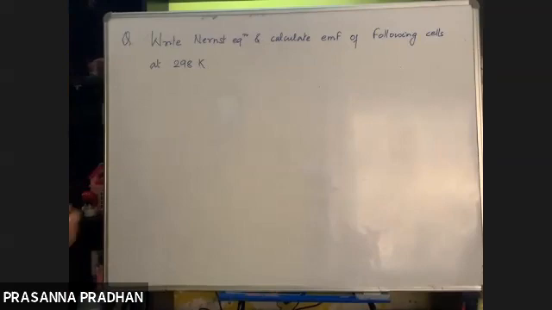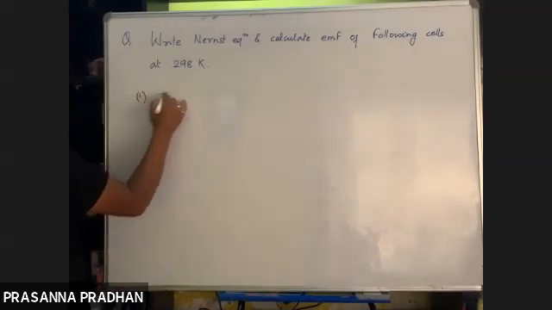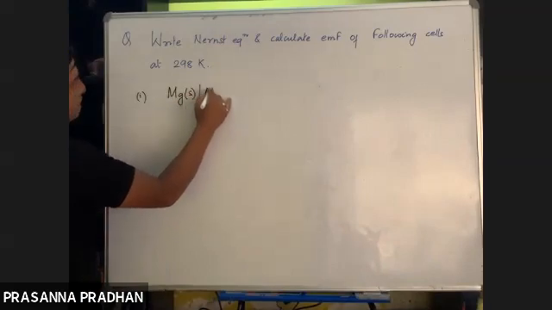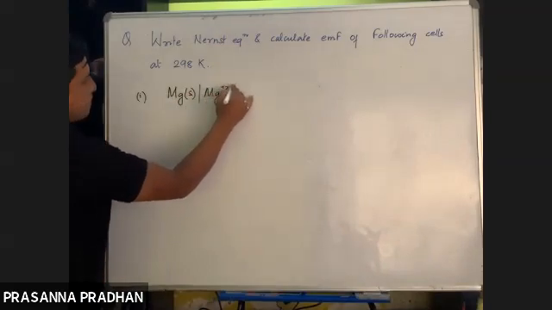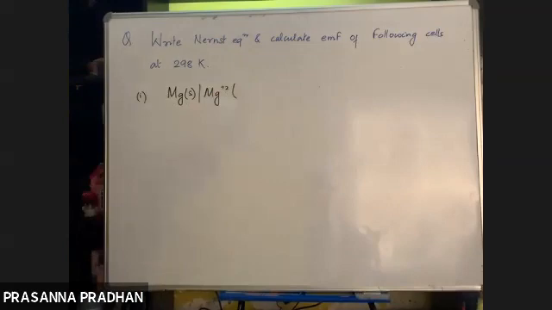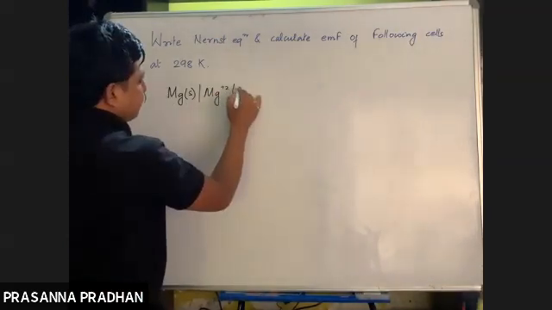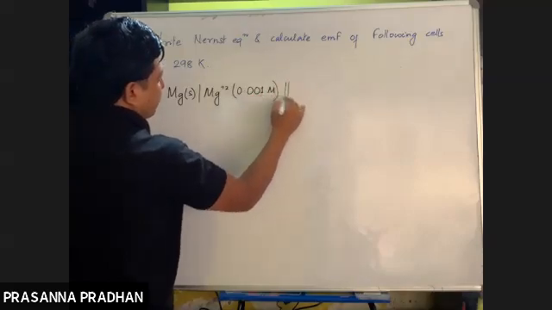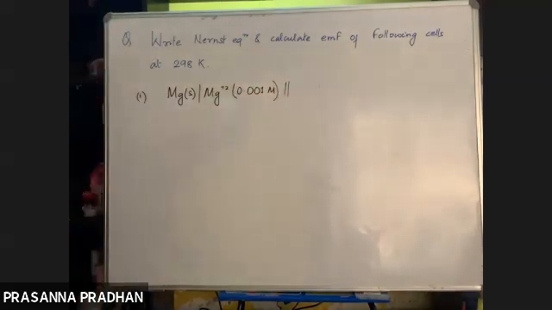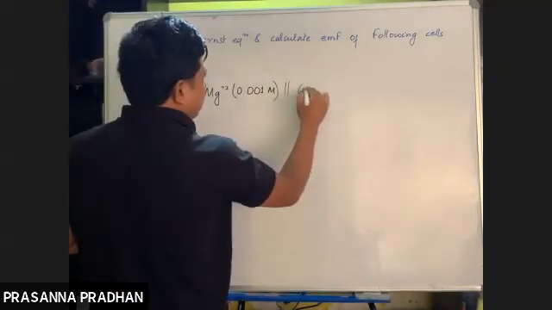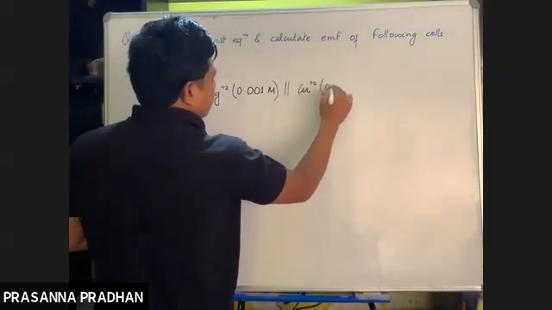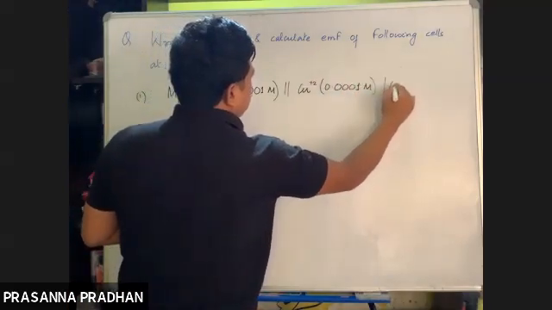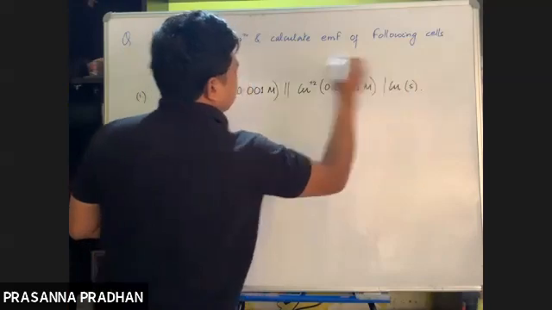Number one, it's given like this: magnesium solid, magnesium dipositive 0.001 molar, double vertical line, salt bridge, copper dipositive 0.0001 molar, copper in the solid state.